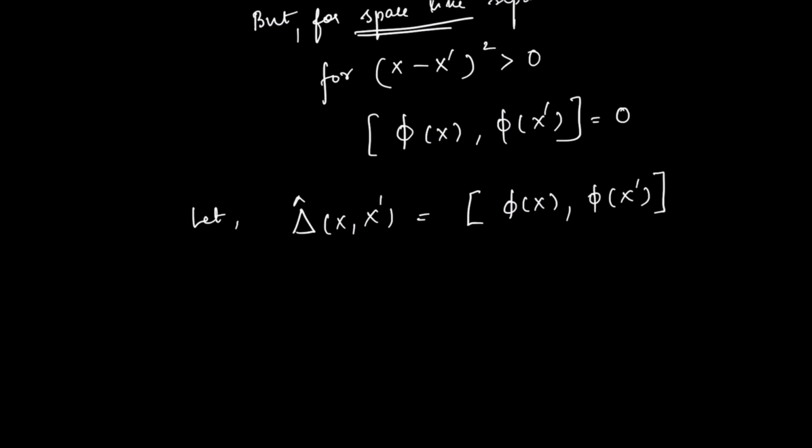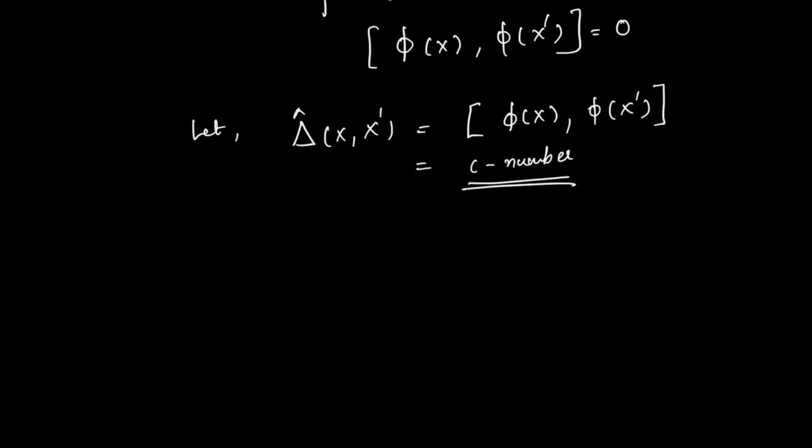Because phi of x contains a plus a dagger, and phi of x prime will also be of the a and a dagger form. Therefore their commutator will also be a constant, because a and a dagger will give a constant. Therefore this commutator value will always be a constant, otherwise I can say it is a C number, a constant number. It can be real or complex, but it is a constant number.